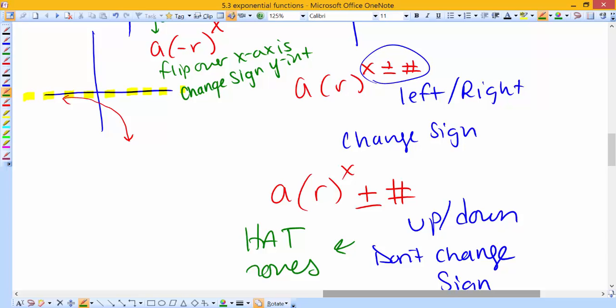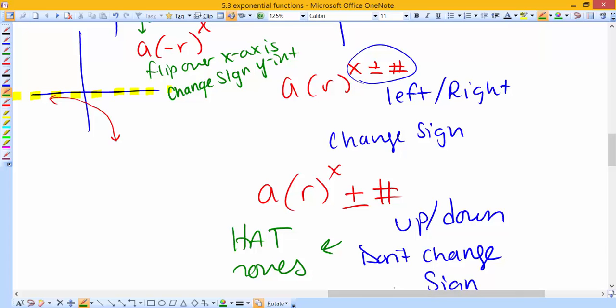If it's by itself, you move it up or down and you don't change the sign. The same rule applies with exponentials. If there is a number being added or subtracted to the x, that is what you move left or right. And if there's a number being added or subtracted by itself, that is when you move up or down. When it moves up or down, the horizontal asymptote moves with it.